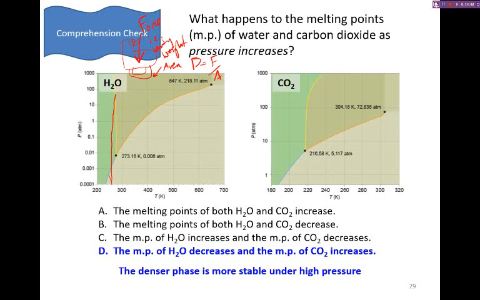Now, I don't have a slide for this here, but something to recognize is that if we go horizontally within a phase diagram, we're increasing the temperature, and then we do a phase change. We increase the temperature, phase change, increase the temperature. Well, you need to recognize that if we take one of those horizontal slices, we create a heating curve.